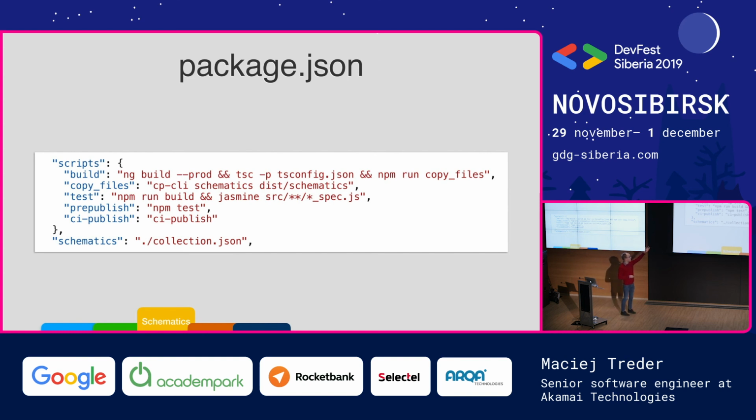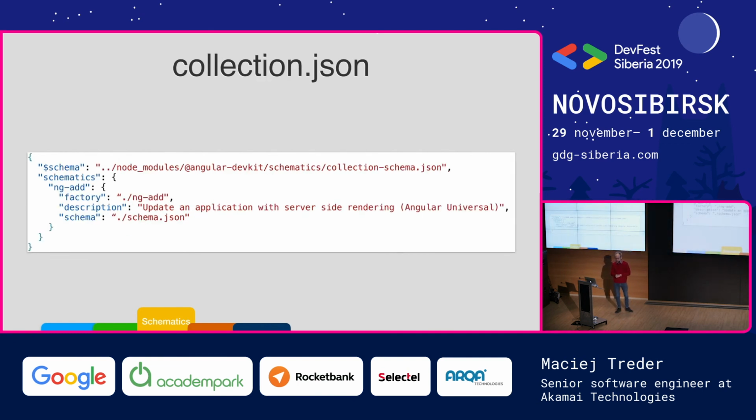If you take a look at the build script, apart from building the package itself, I'm running the TypeScript configuration for schematics, that's the second thing here. And later on, I am copying files to place the compiled schematics together with the package and to publish that all together.